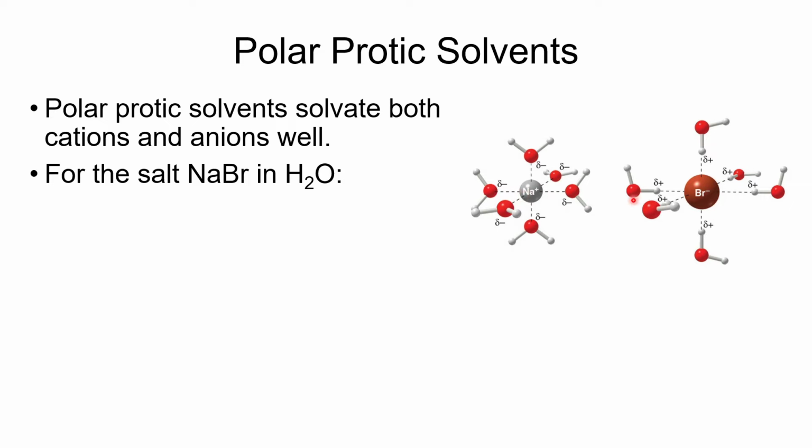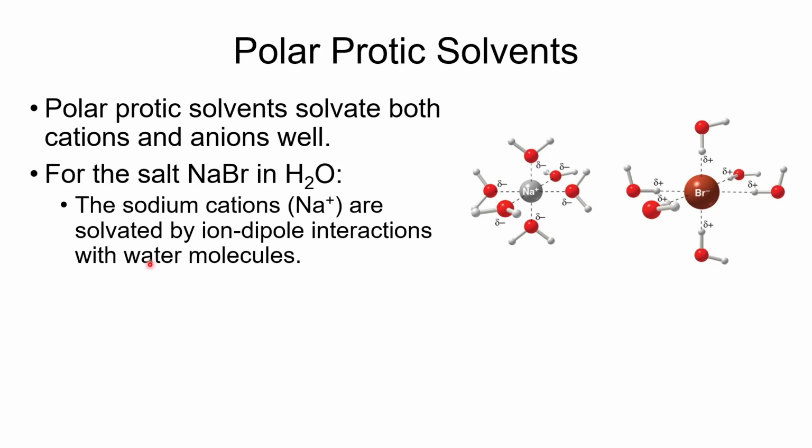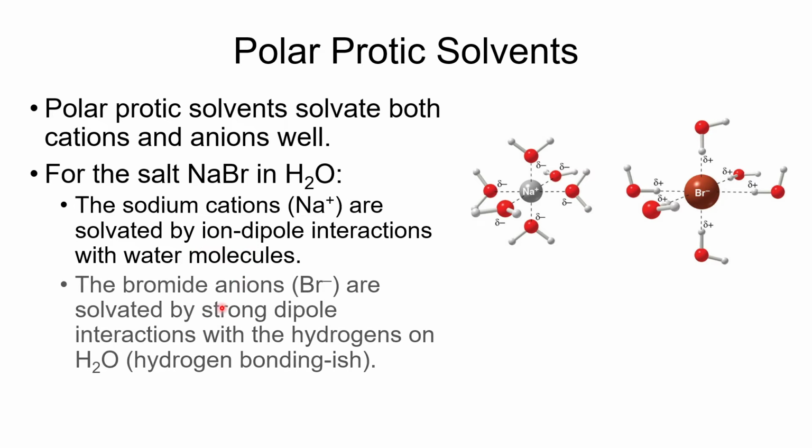We have another ion-dipole interaction between the hydrogens on water and the bromide ion. So the sodium ions are solvated very well by ion-dipole interactions, and the bromide ions are also solvated quite well by strong dipole interactions with the hydrogens on water.